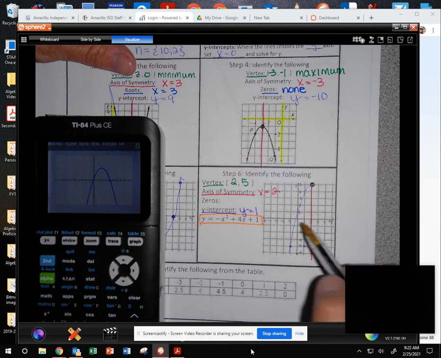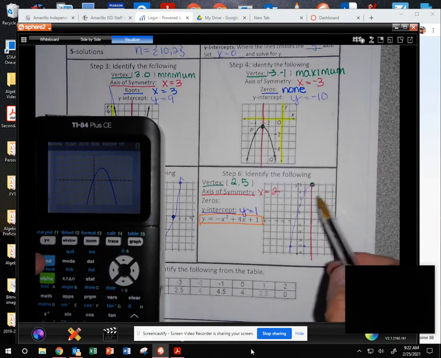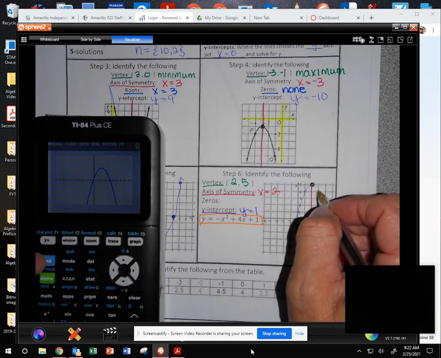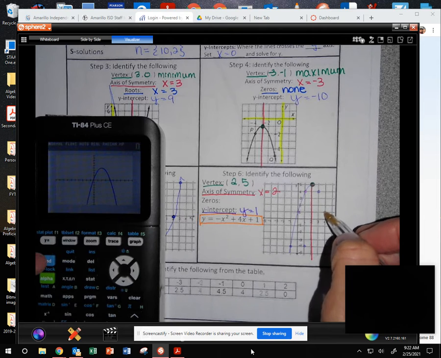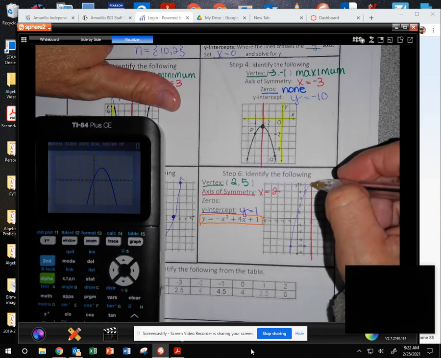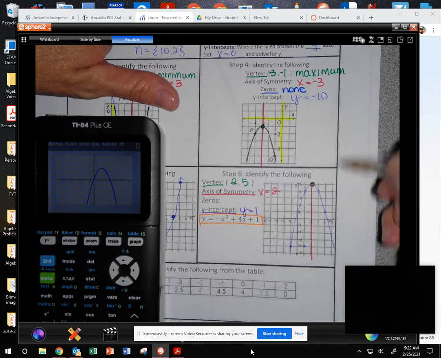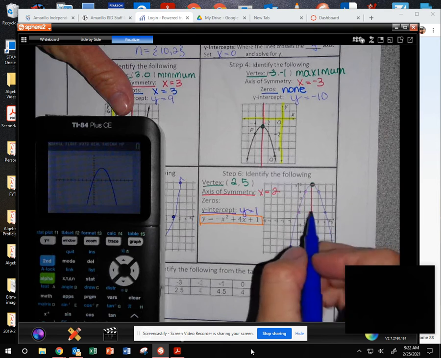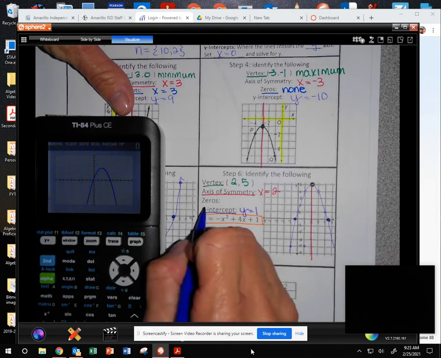Now, what I need to look for are my x-intercepts, okay? So if this cuts it in half, that means this point is going to be here. We can go over to right here, and we can kind of draw this line, okay? Okay, so here I'm looking at my 2 points that are going to be my zeros.